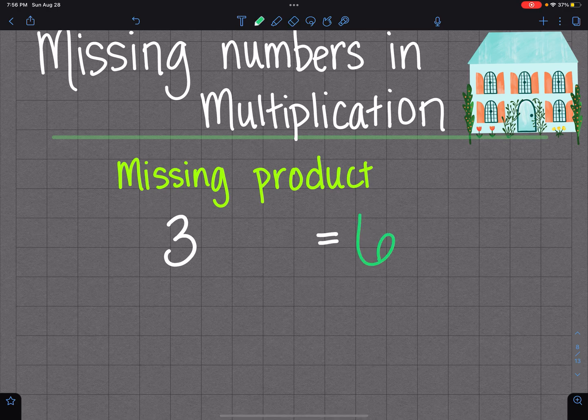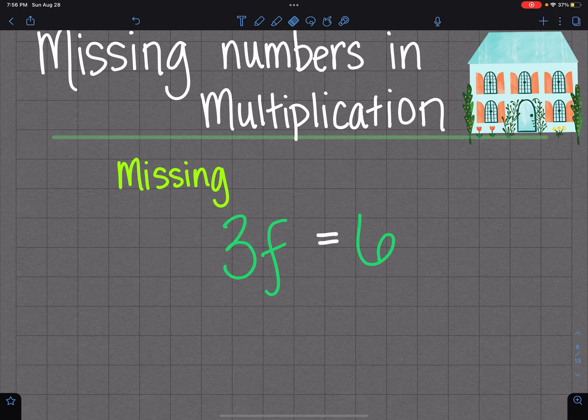So 3 times f, or 3f, is equal to 6. Now remember, you can write that a couple ways, and the way they wrote it in this example is 3f. That is the same as 3 times f, except instead of having a missing product, we have a missing factor.